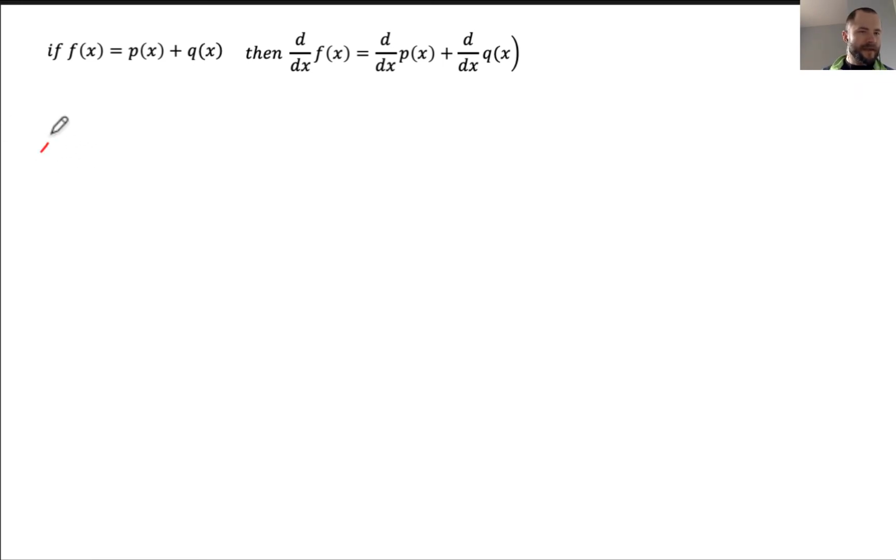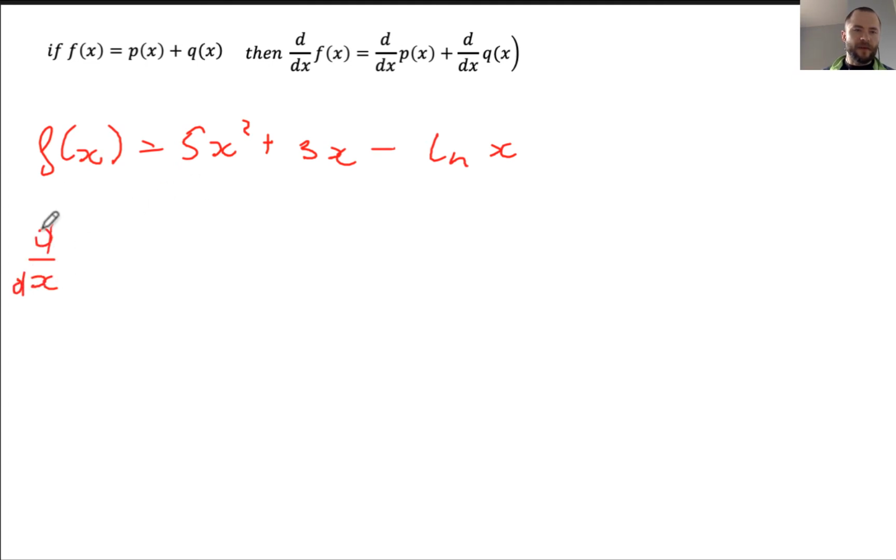For instance, if I say that f of x equals 5x squared plus 3x minus natural log of x. To find the derivative of this expression, all I need to do is take a derivative of each of them separately. So d dx of f of x is equal to the derivative of 5x squared, which is 10x.